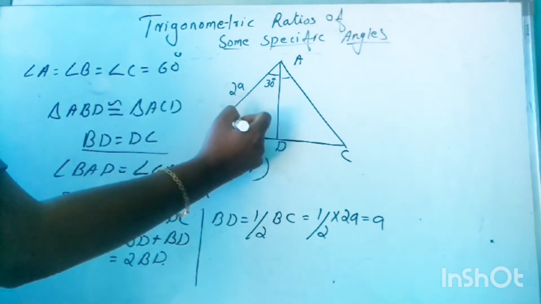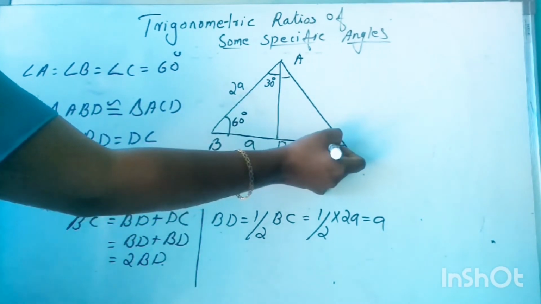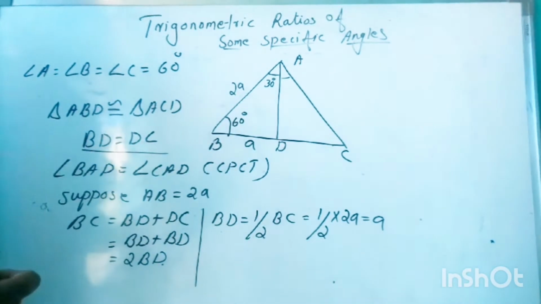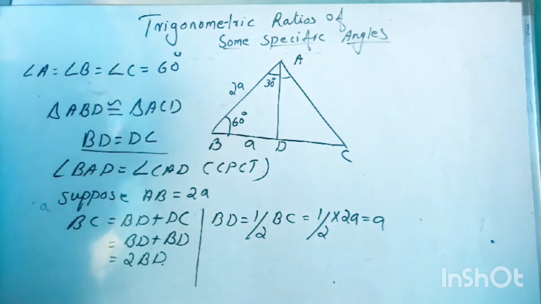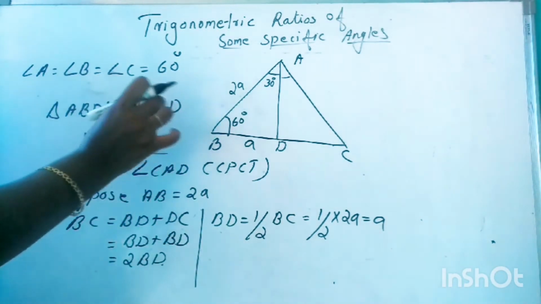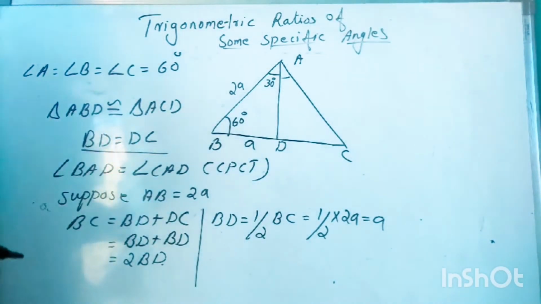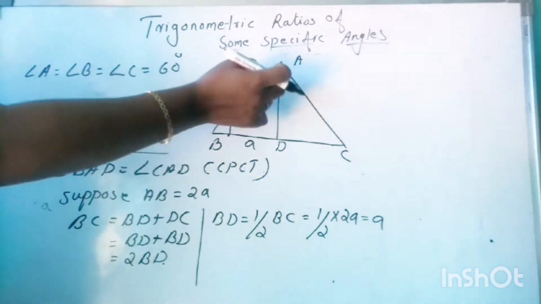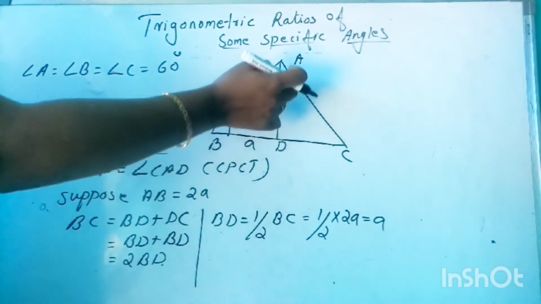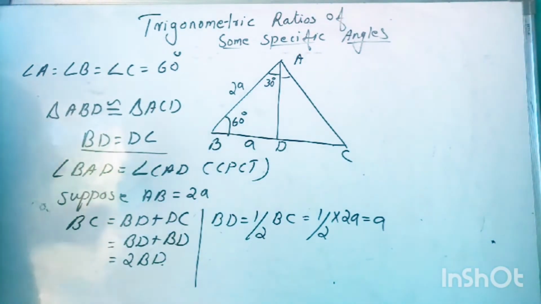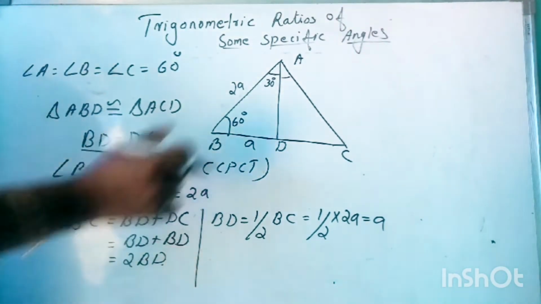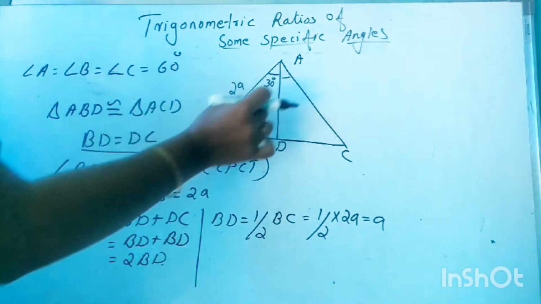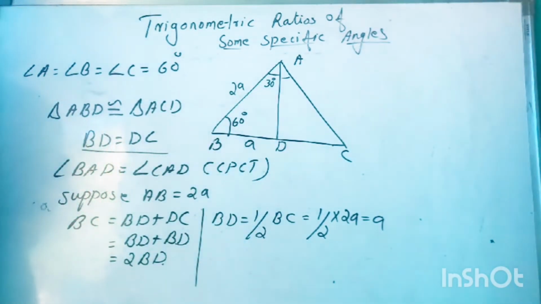In this triangle, this is 60 degrees and this angle is also 60 degrees. And since AD is perpendicular, these two angles are 90 degrees. So by using AA congruence criteria, we can say that these two triangles are congruent. Then BD equal to DC and angle BAD equal to angle CAD by using CPCT. And we know that the total angle A is 60 degrees and these two angles are equal, which means one of the angles is 30 degrees.